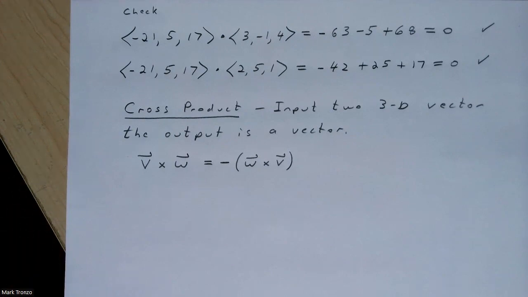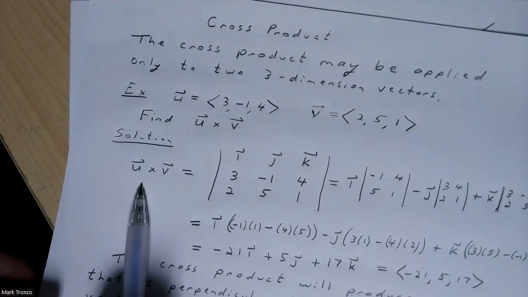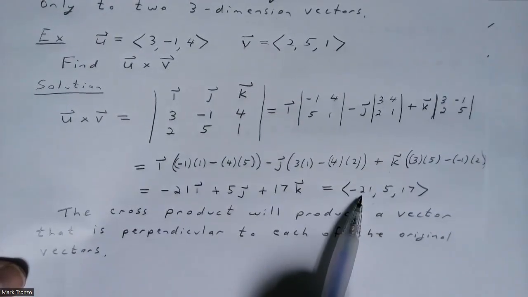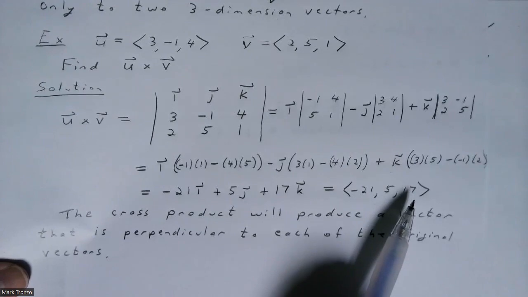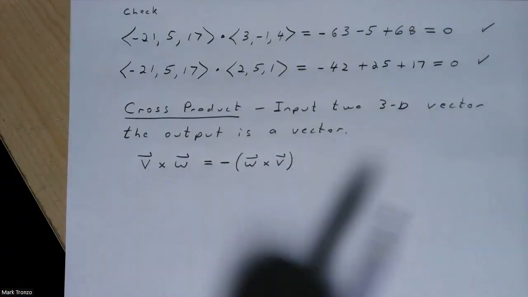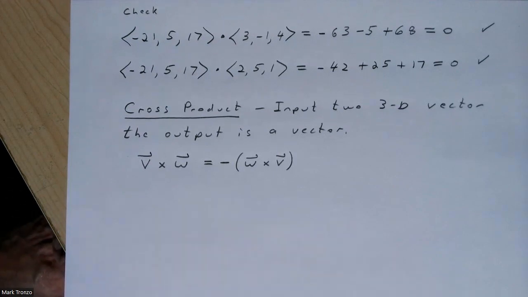In this case, if we had done V cross U, we would have gotten the vector <21, -5, -17>, so the answer would take the negative of each of the elements. So we input two 3D vectors, and the output is a vector.